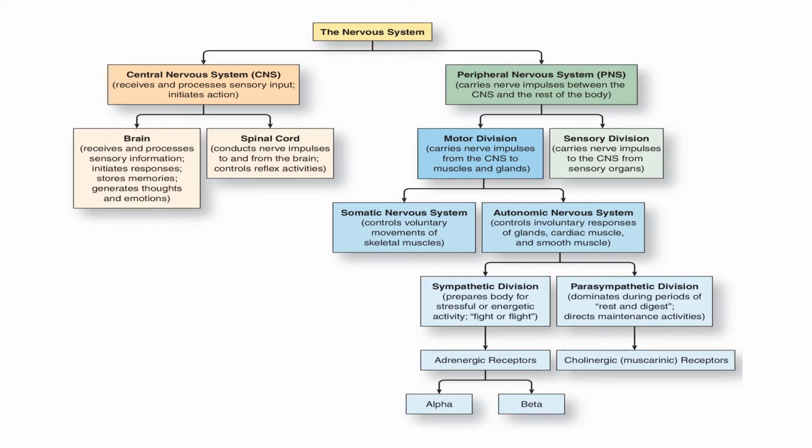On the other side is the peripheral nervous system. These are nerves that are going to carry the information from the CNS to the rest of the body, right? They can be motor nerves, sending signals to your skeletal muscles, to glands.